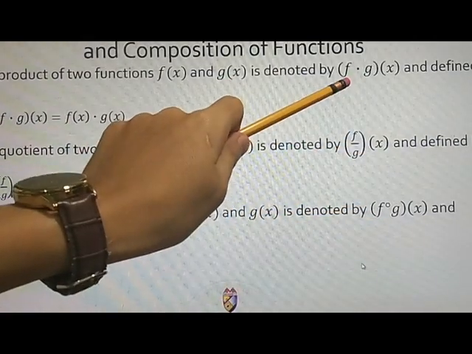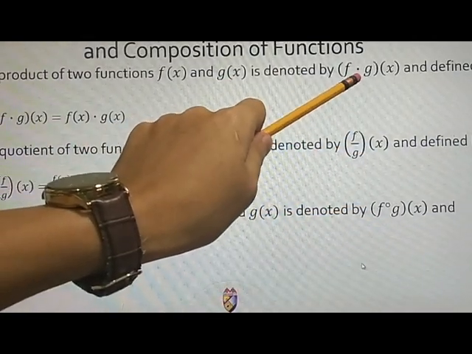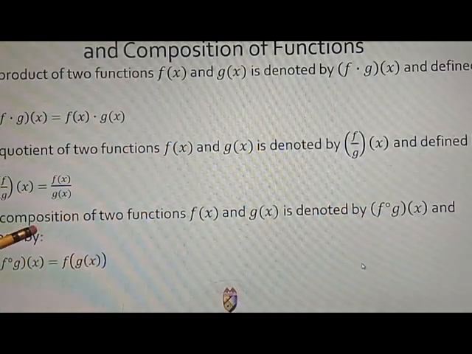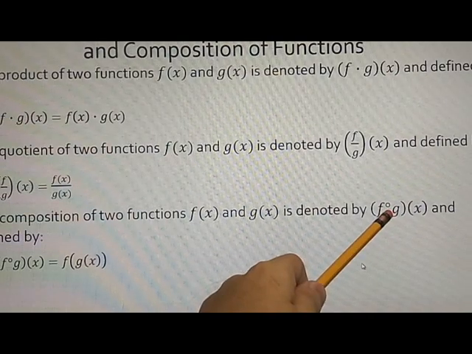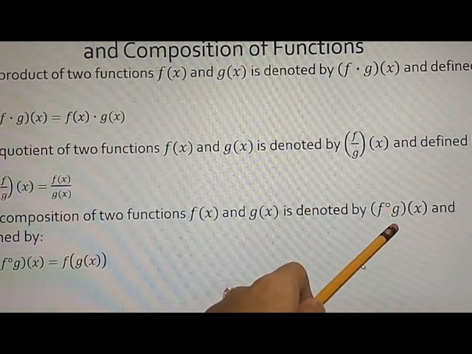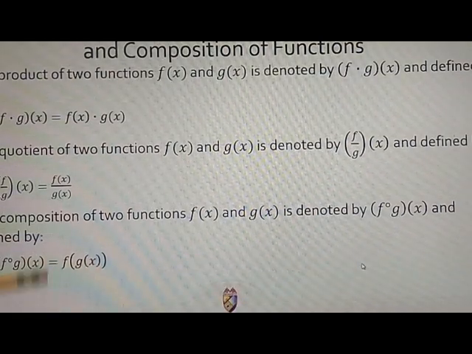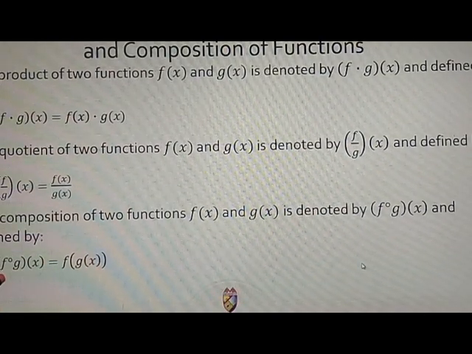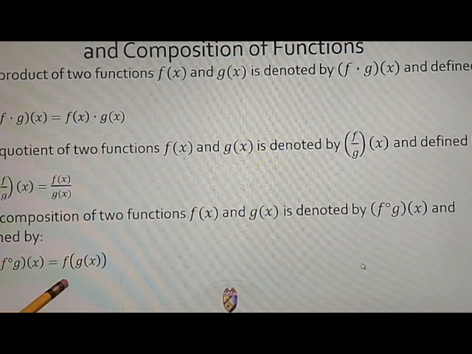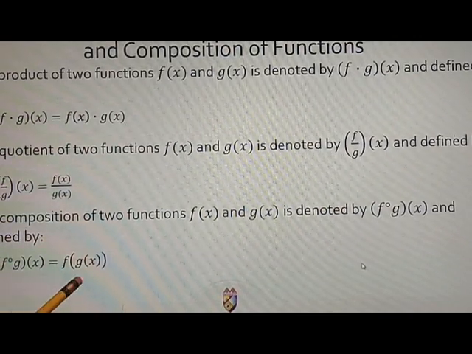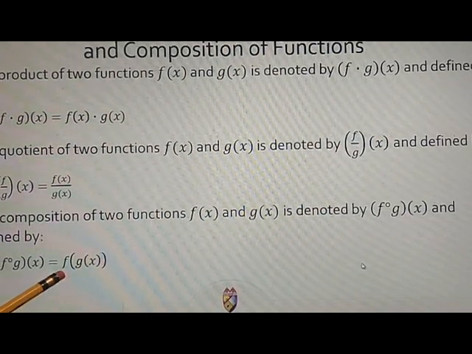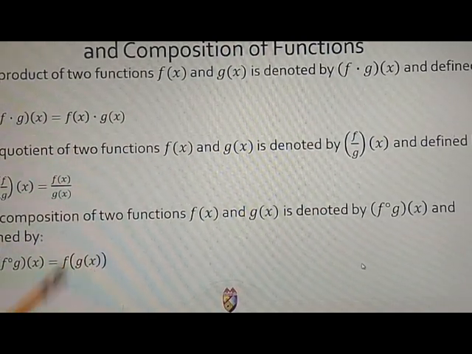So the product has a solid dot, while in the composition there is a hole. Okay? So f composition of g of x is defined as equal to f of g of x. Okay, so that's how you read this, f of g of x.